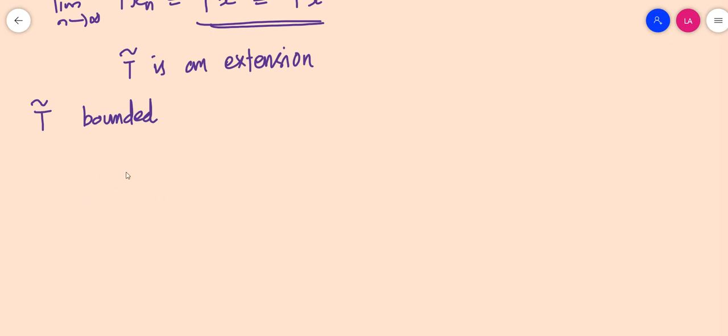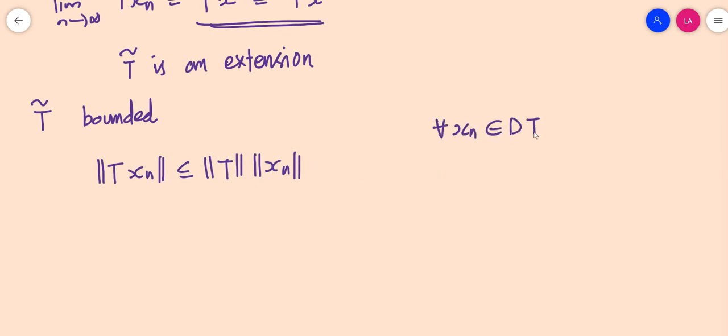And also corresponding to every sequence xn, we have norm of Txn should be less than or equal to norm T into norm xn. For any sequence xn belongs to D(T), this is true because T is assumed to be bounded linear.